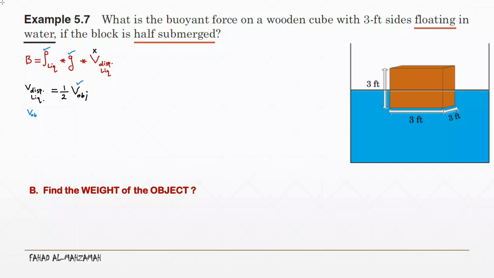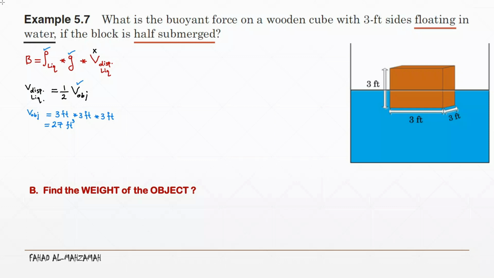So the volume of the object is equal to 3 feet length multiplied by 3 feet width multiplied by 3 feet height. So 3 times 3 times 3, you will get 27, and feet times feet times feet, you are going to have cubic feet. So the volume of the whole object is 27 cubic feet.